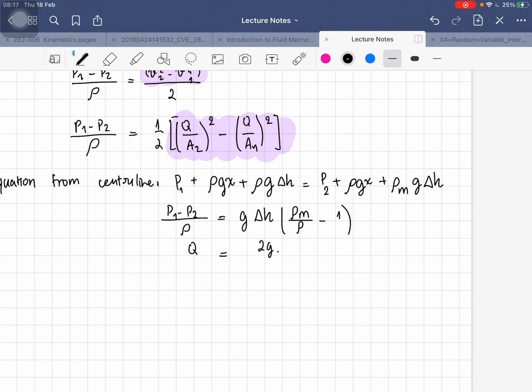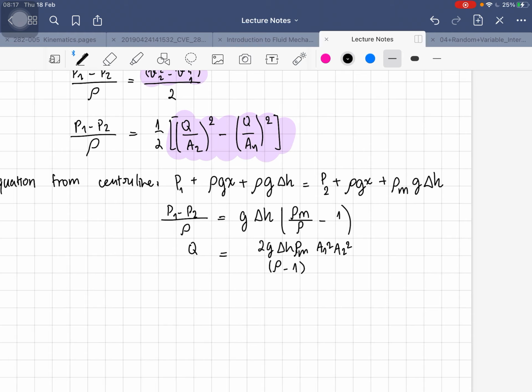2g delta h, the delta height, density, the area of each one square, and then we have this one, the density minus 1 here.